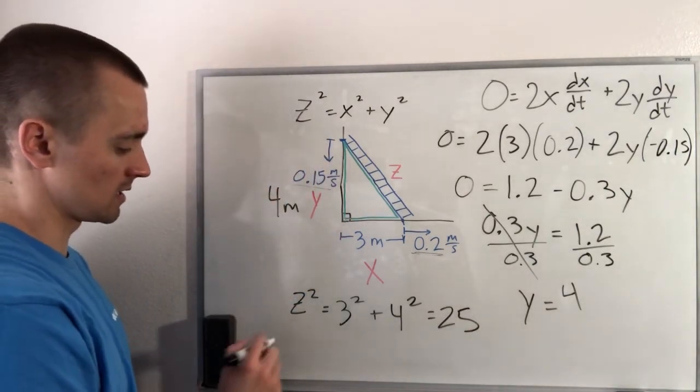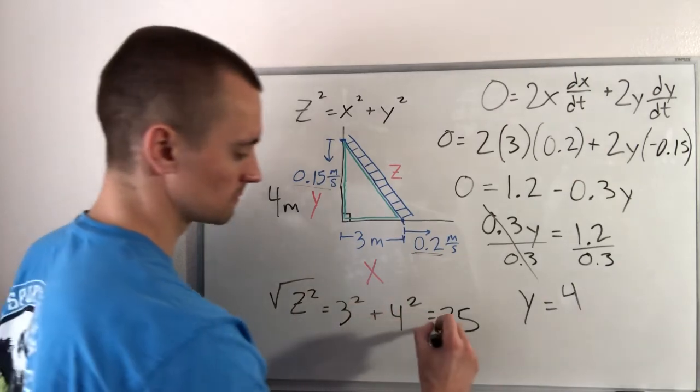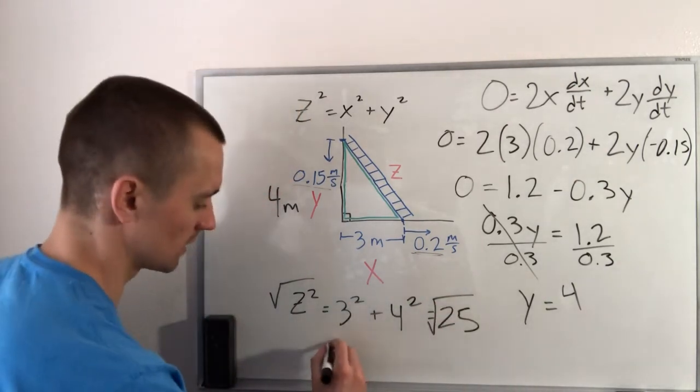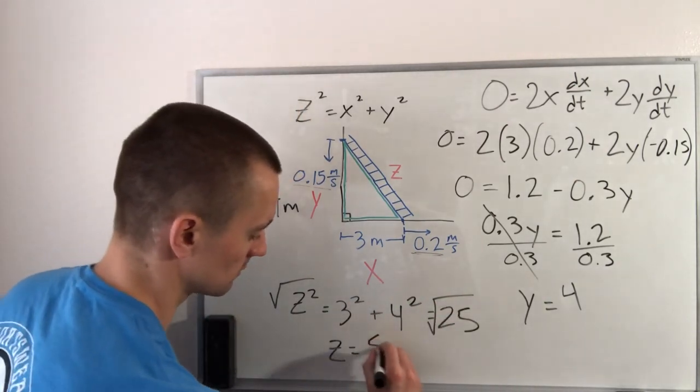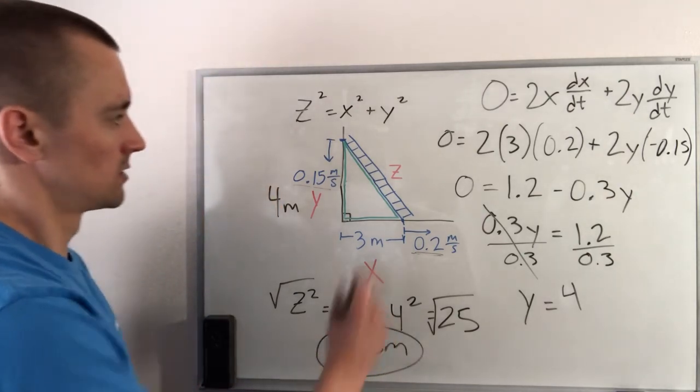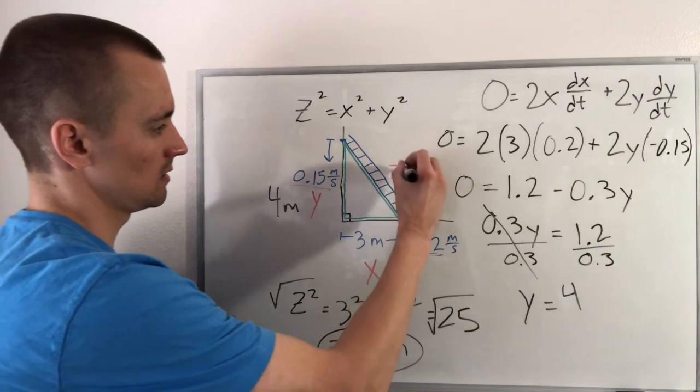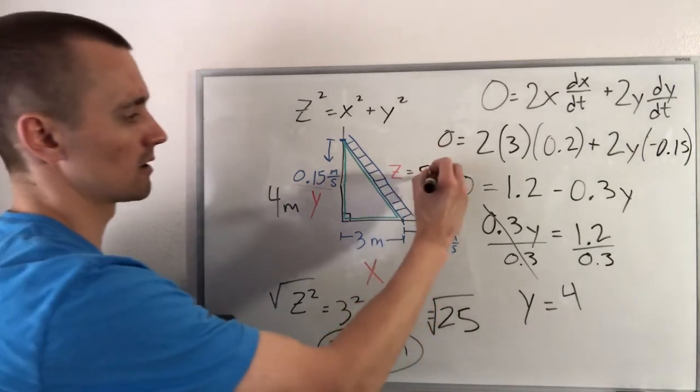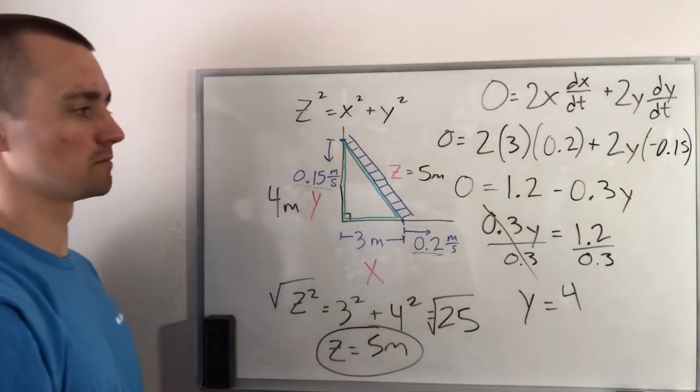So now we can take the square root of both sides, and we'll get z equals 5 meters. So we know that z, which is the length of our ladder, is 5 meters long.